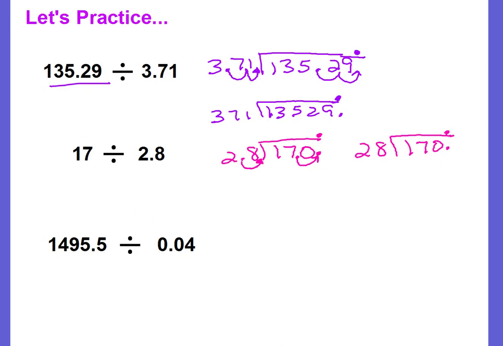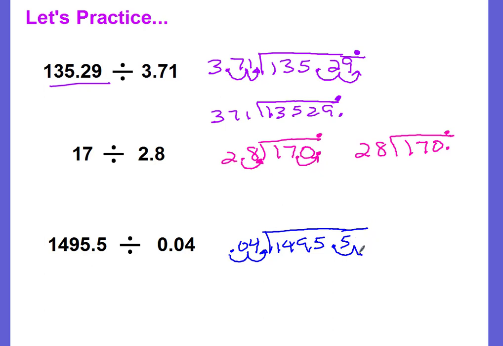Last example. What goes inside the house? The 1,495 5/10. The divisor is your 4/10. All right, can't have this decimal divisor, so we got to move that decimal point. One place is not going to do it. We have to move it 2 places to the right. Do the same thing inside the house. There's one place.